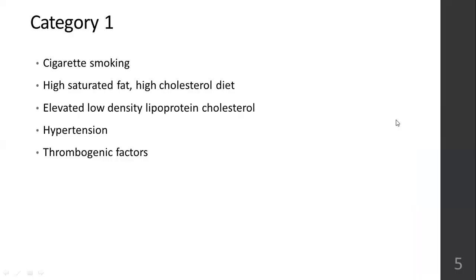Now, causes of cardiovascular diseases. We have divided the causes into different categories: certain things that you can change, and things like genetics that cannot be changed. There are categories of etiology.